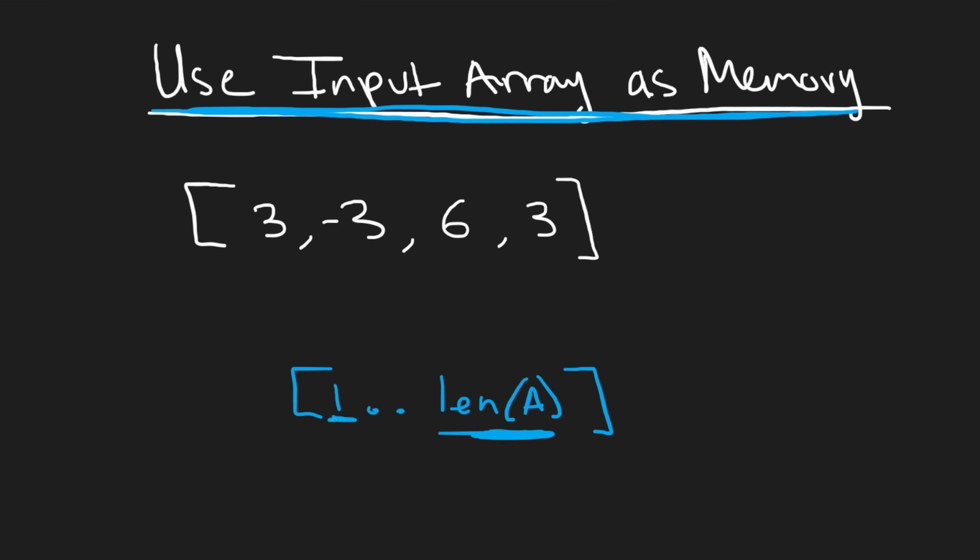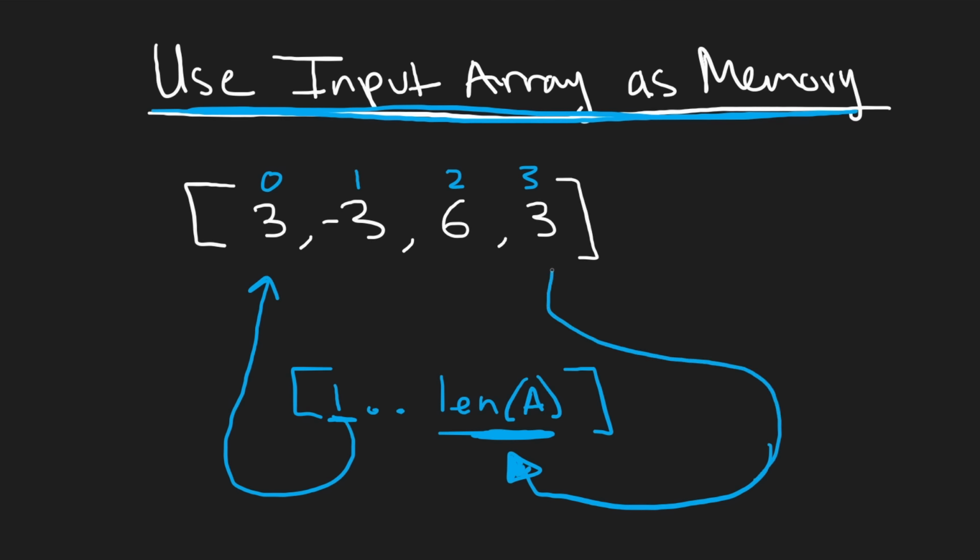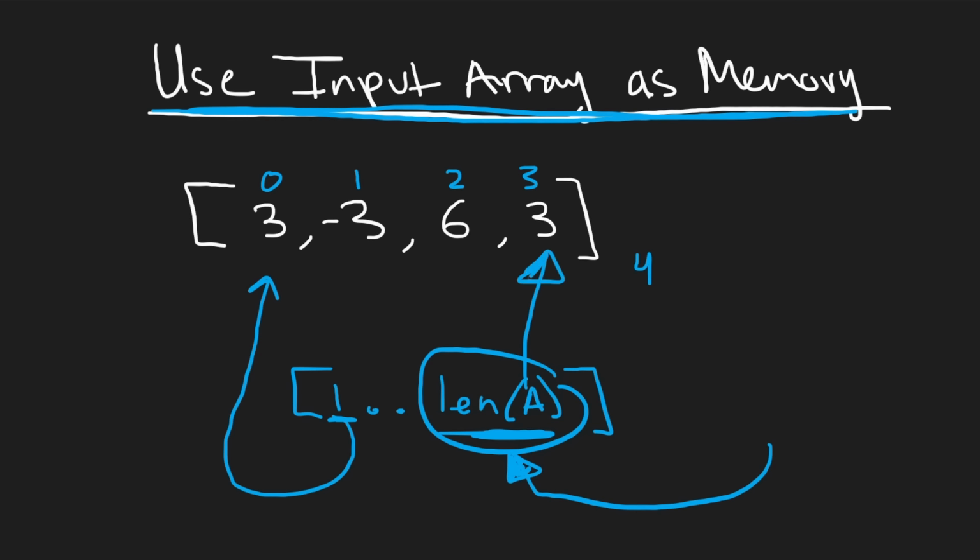So 1 is going to be mapped to the 0th index, then 1 index, 2 index, 3 index. The last value, the length of the entire input array, is going to be mapped to the length of the array minus 1 index. In this case, the length of the input array is 4, so 4 minus 1 takes us to this index. So each of these values has a position in the input array.